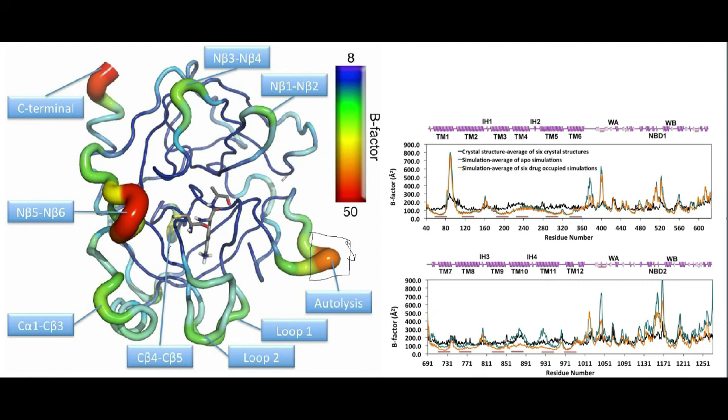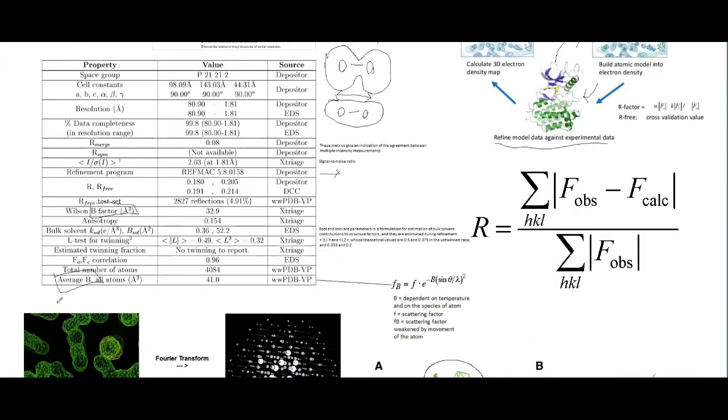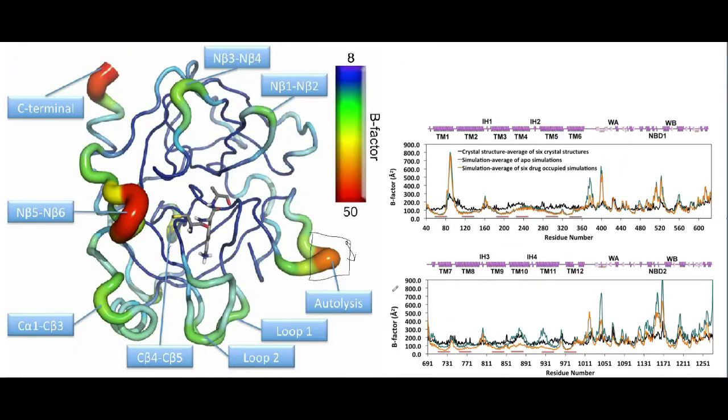And you can see that even though we have down here this average B factor, which was 41 for my structure, what you actually see is the B factor changes throughout the protein chain, and we can see that over here. So we can see the B factor by residue number.